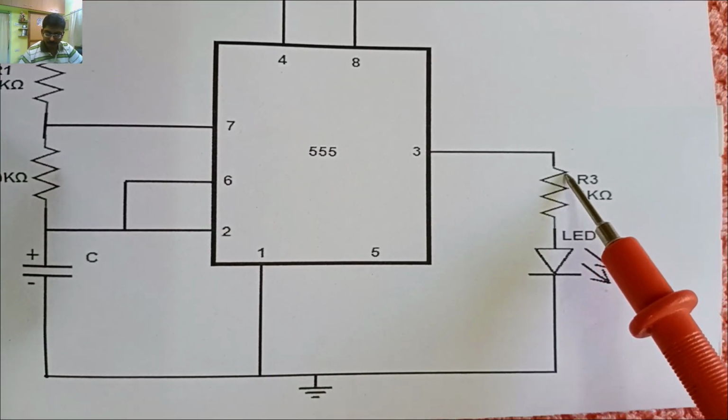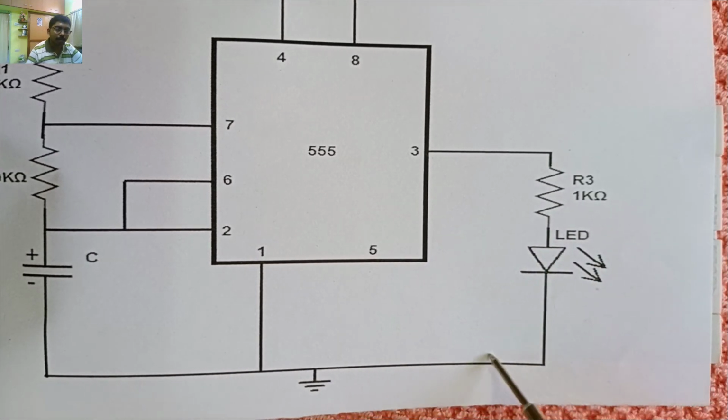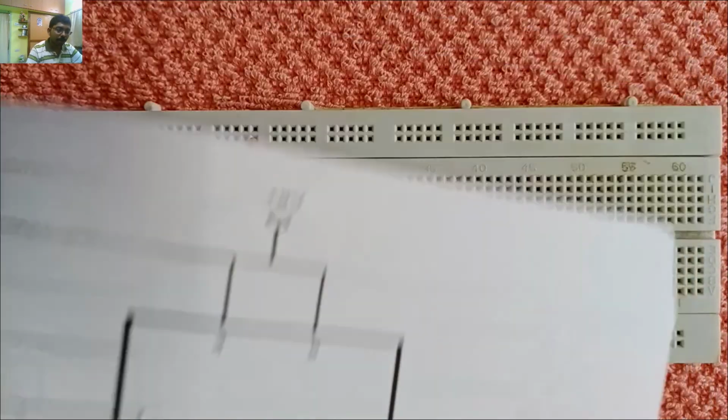Now we are moving to the output side. Connect an LED in series with a 1 kilo ohm resistor.